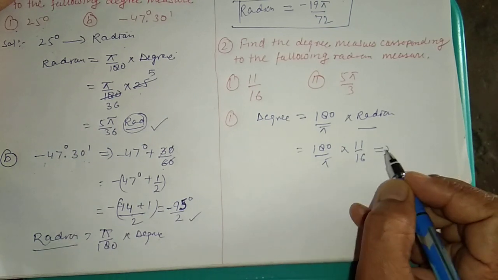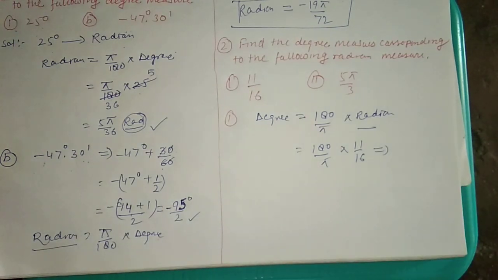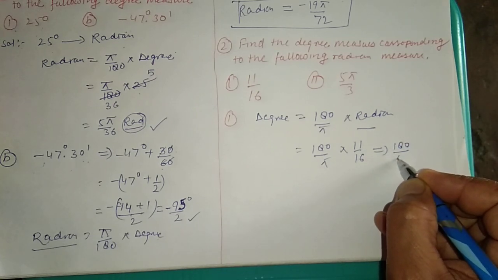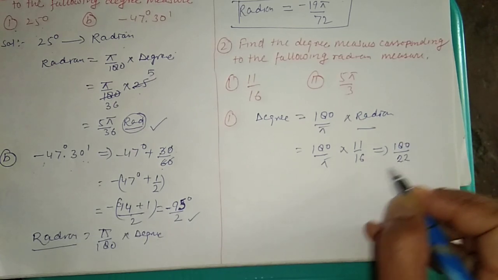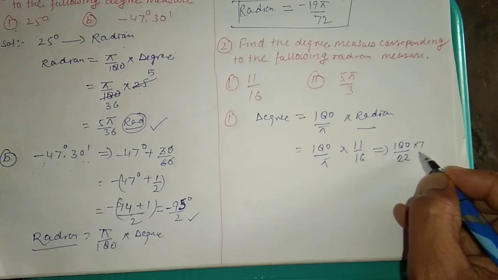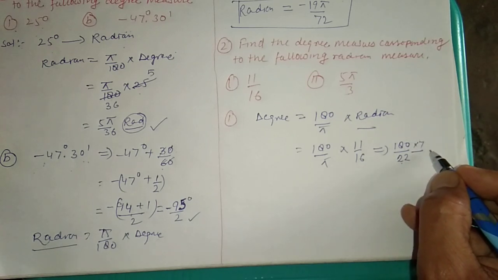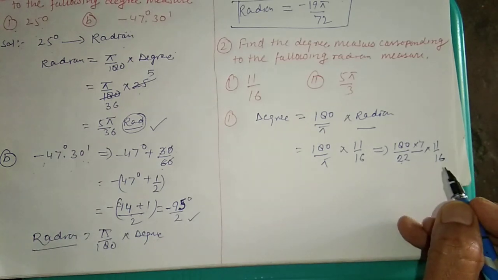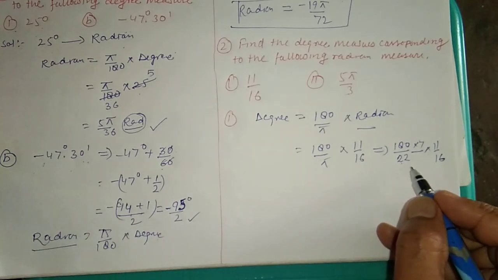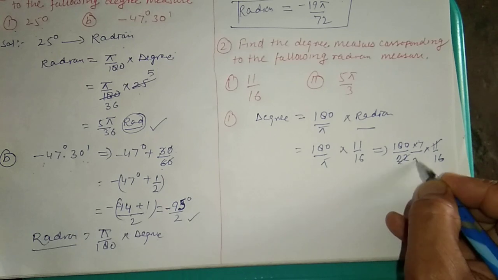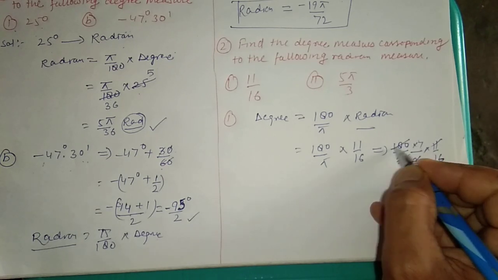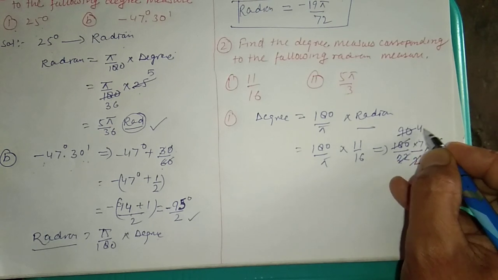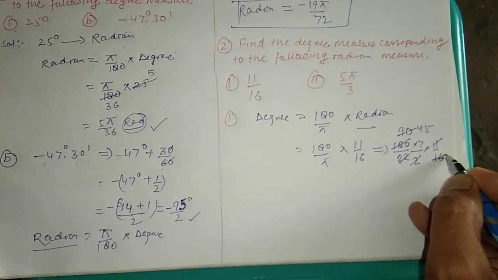Now further we can put the values. 180 upon pi, the value of pi is 22 upon 7. So we can write it as 22 upon 7 into 11 upon 16. If we divide it, 11 2s, 2 90s are 180, so 45 upon 8.